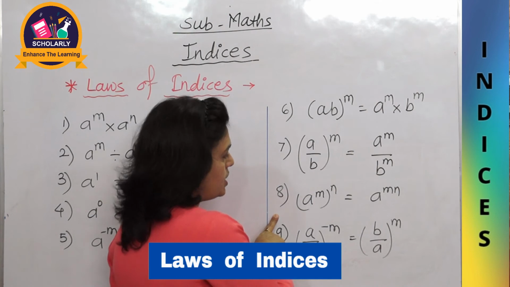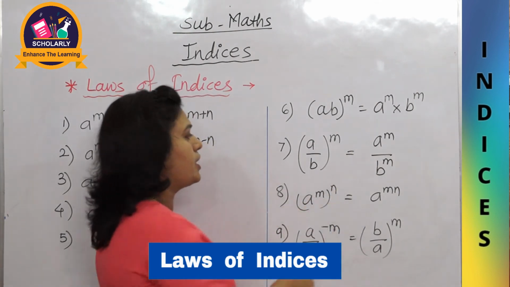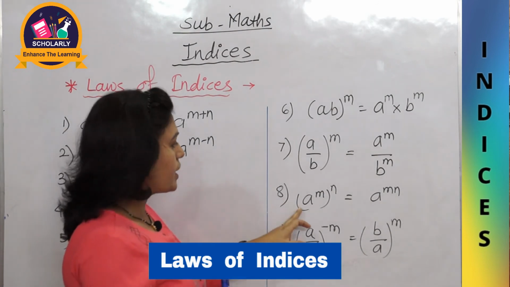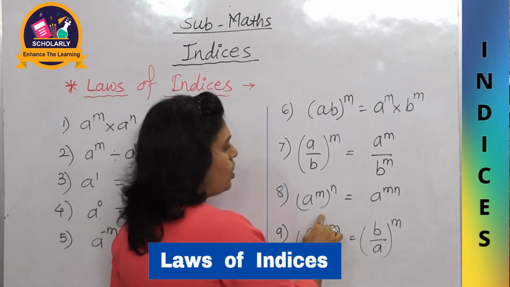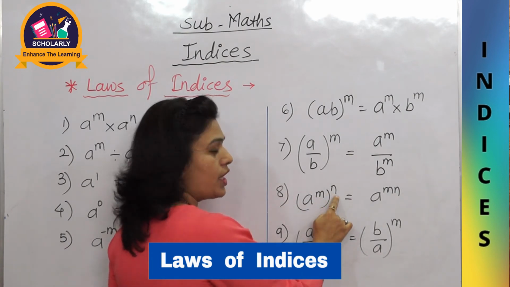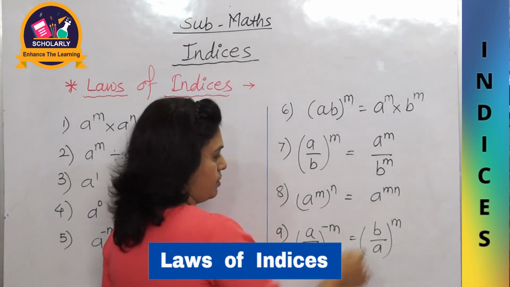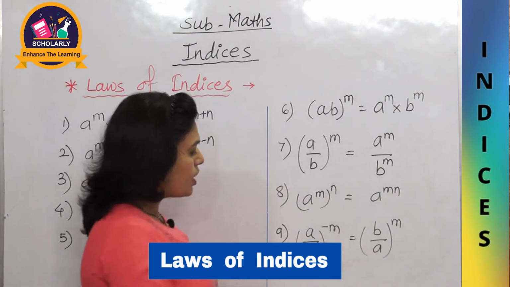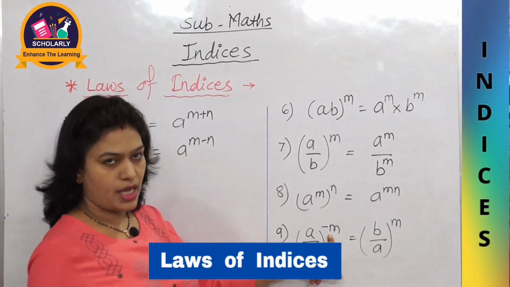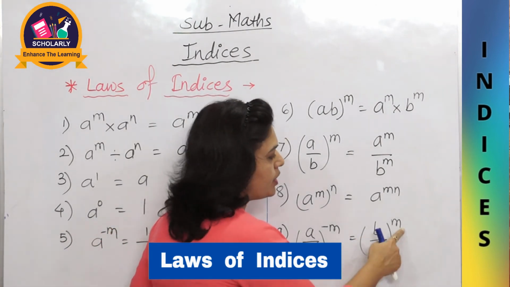Eighth law is a raised to m bracket raised to n, that is the power of the number in index form. So the powers got multiplied, or the product of indices we have to write here like a raised to m into n. And the ninth law was like this: a by b bracket raised to minus m is equal to b by a bracket raised to m.